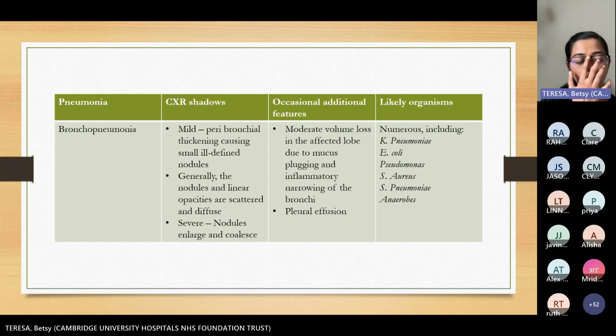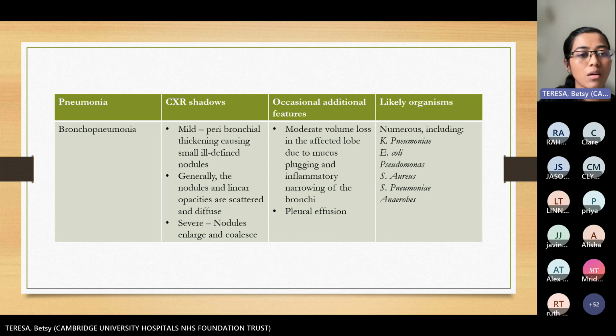In the case of bronchopneumonia, it's a little bit challenging to identify on chest X-rays, especially in the early stages, when the inflammation is mainly affecting the bronchi and the bronchioles. It would only show some peribronchial thickening, which causes some small nodules on the chest X-ray. As time progresses, these nodules will start to enlarge and merge together.